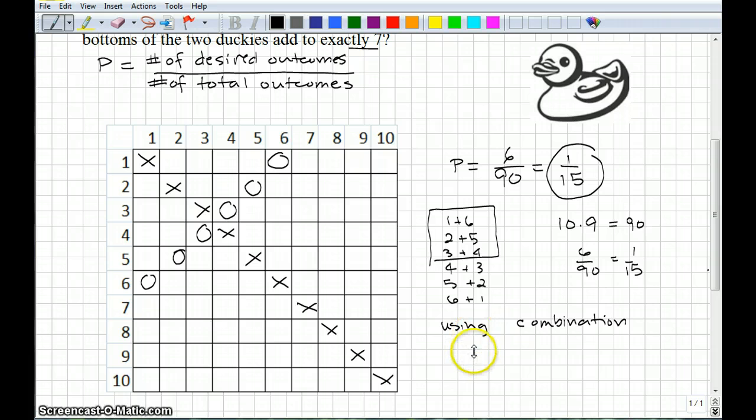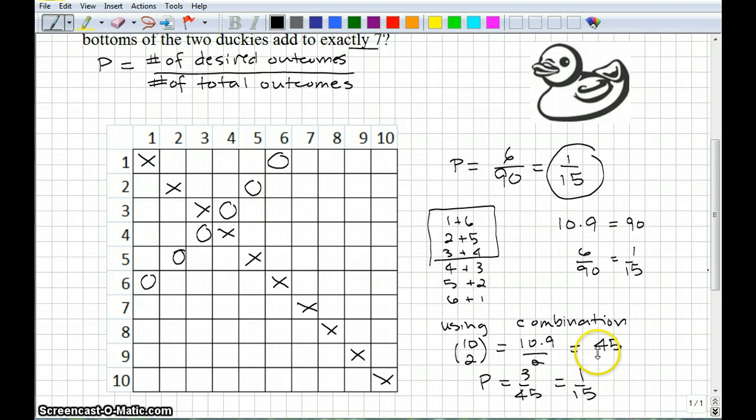So we'd only have 3 ways to make 7, and 10 choose 2 is 10 times 9 over 2, which is 45. Again we have half the number of total possibilities. So our probability here would be 3 over 45, which is still equal to 1 over 15.